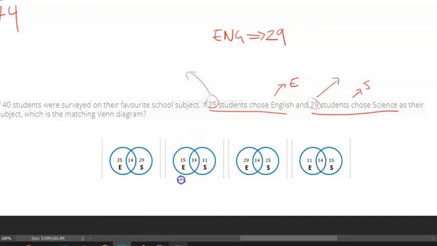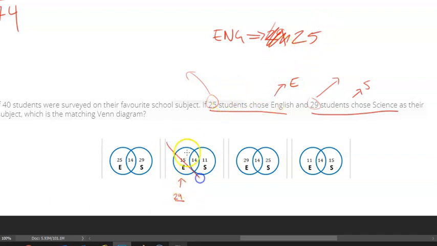So for here, English is 15 plus 14, which is 29. Okay, so 15 plus 14 is 29. And how many people like English? Is it 29? No, it's 25, sorry, made a mistake there. It's 25 students.